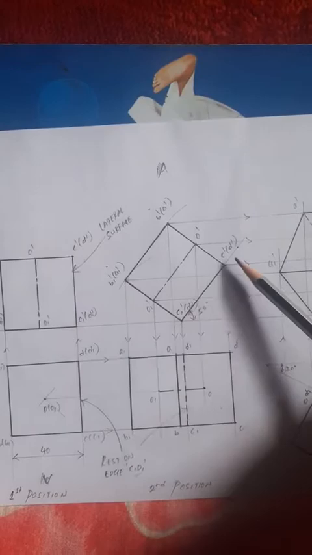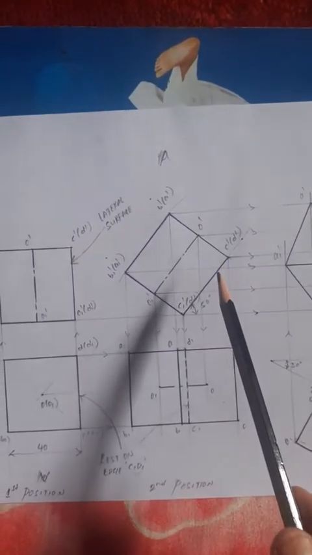Once you get C1 dash and C dash, draw a 90 degree line. Along the 90 degree line also measure 40 mm. Then you will get B1 dash, B dash, then join it. Then you get the center. If the total length is 40, the center is 20 mm, 20 mm. Then join this, you get the axis. That completes the second position, front view.